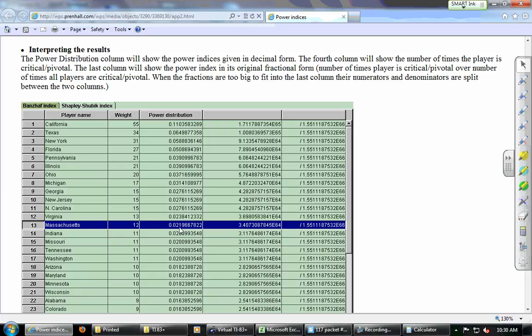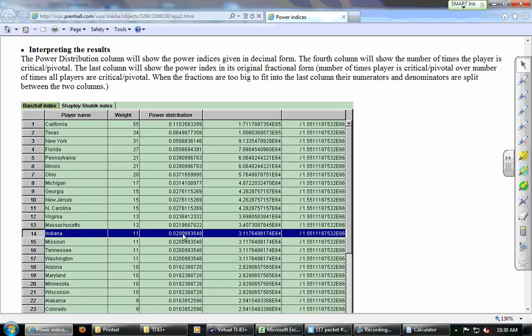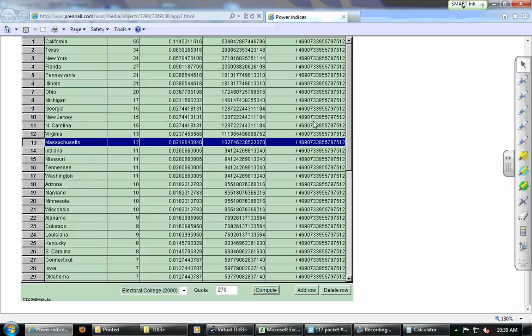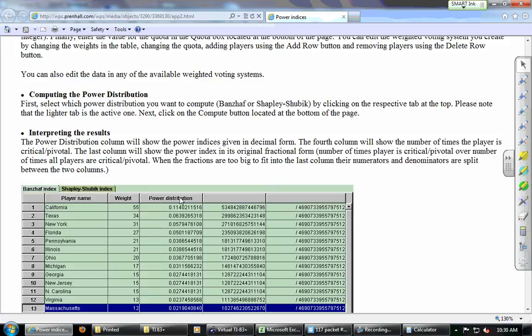Okay, so Massachusetts basically had 2.2%, but now we have 11 votes. And so I feel like we're right there now at 2%, right kind of at the average, not strong, not weak, right smack dab in the middle. Okay, and that's the Banzhaf, and then over here, that was the Shapley-Shubik, and the Banzhaf, we can hit compute, and it does ridiculous calculations again, and gives us slightly different but similar numbers.